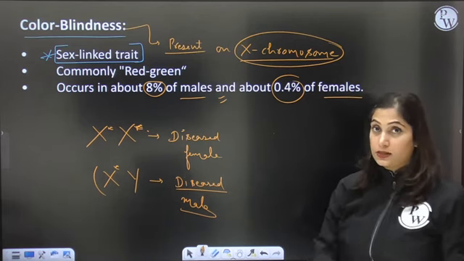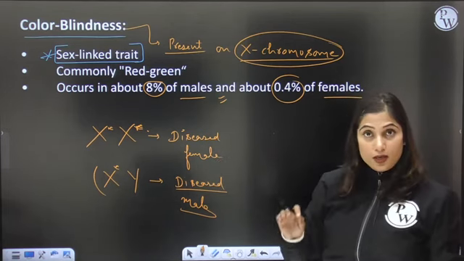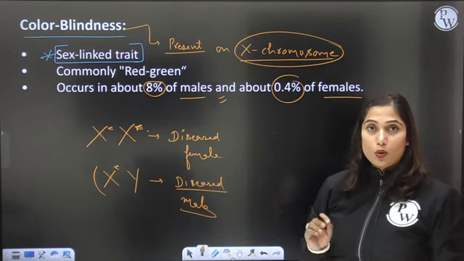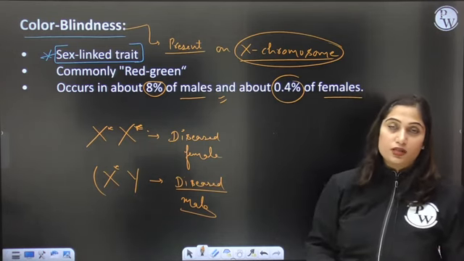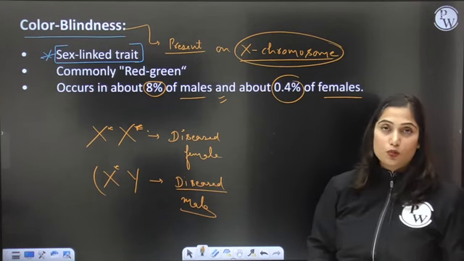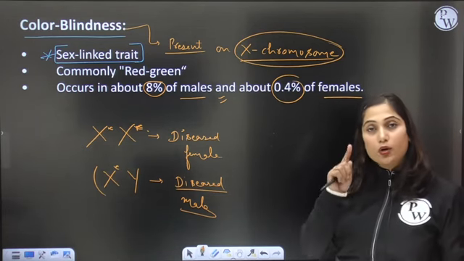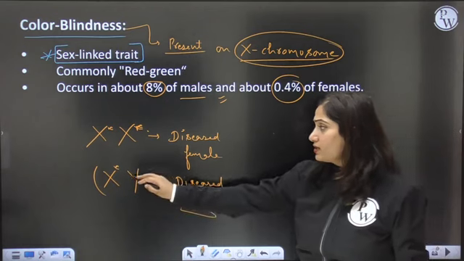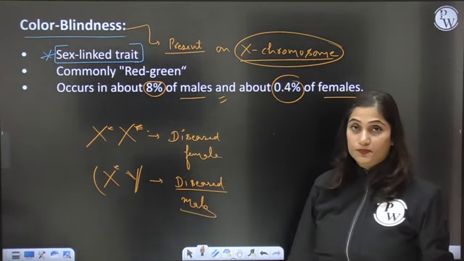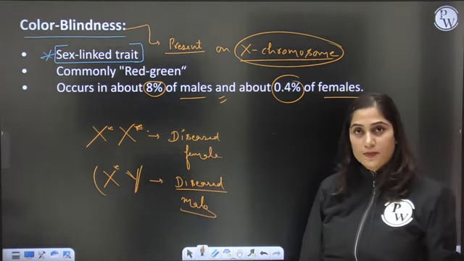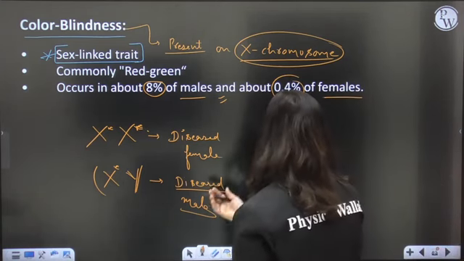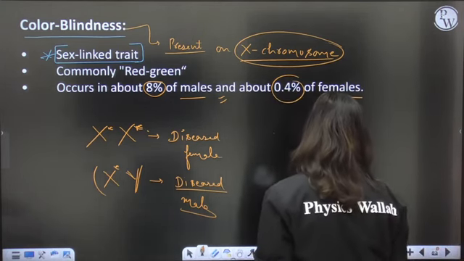The answer is that in a female, the disease will be caused only when there are two copies of the recessive allele present on both the X chromosomes. But in males, only one copy will do because this is not found on the Y chromosome. Right?